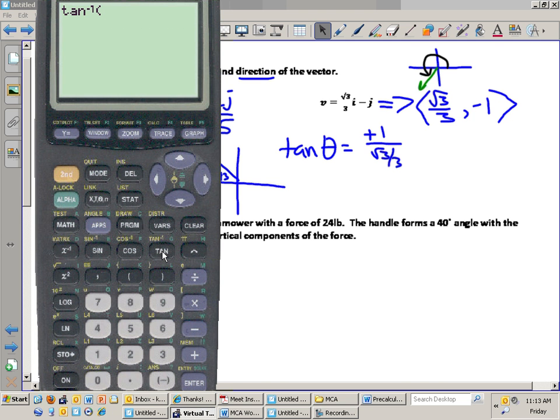Tangent inverse of 1 divided by the square root of 3 over 3. Whoops, I've got to put a parenthesis in there. Is that what you didn't do? And you can see I get 60. So that's a 60-degree reference angle in the fourth quadrant.